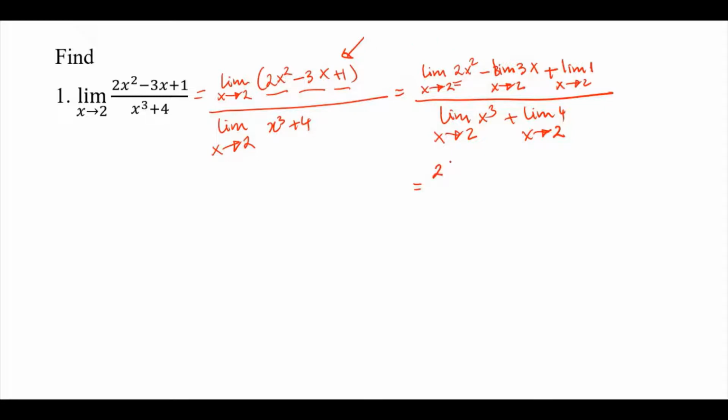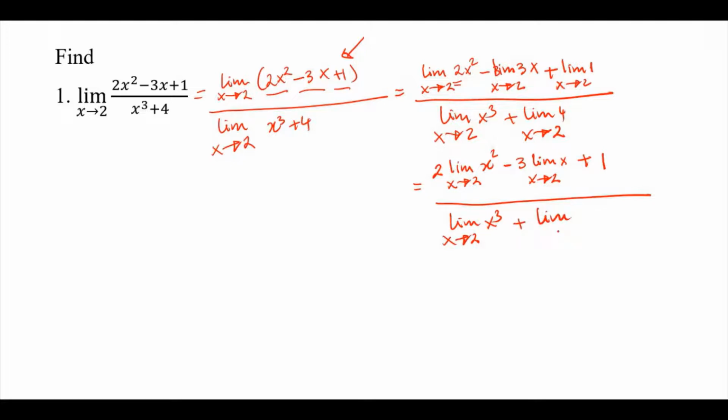So this will be 2 times the limit of x squared as x approaches 2, minus, again, we're going to take the 3 out because it's a constant, 3 times the limit of x as x approaches 2, plus the limit of the constant, which is the constant itself, over the limit of x cubed as x approaches 2 plus the limit of 4. In this case, the limit of a constant is the constant.